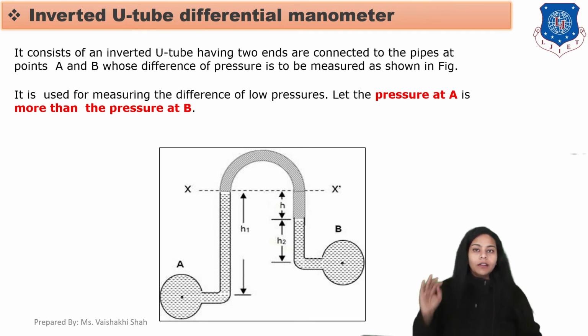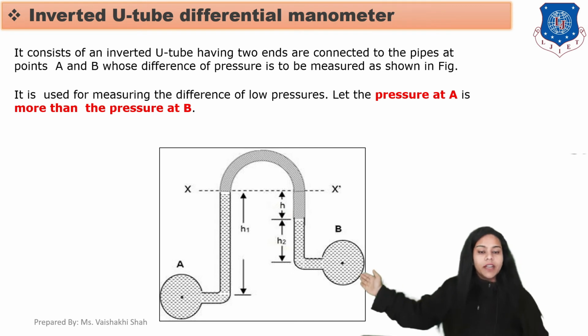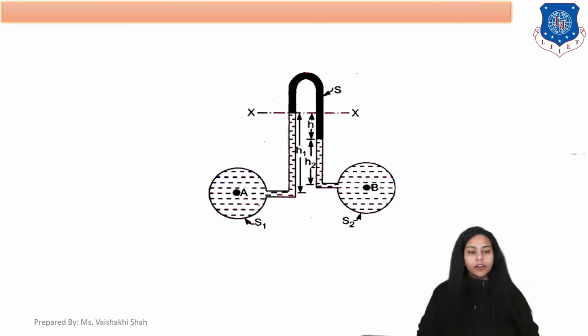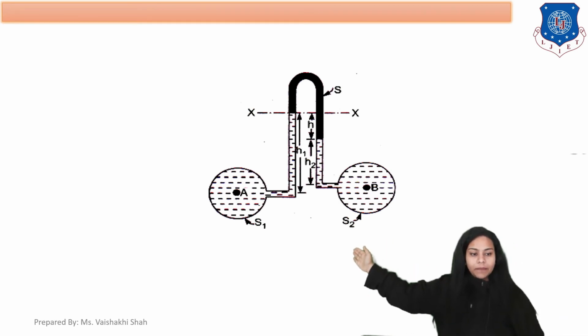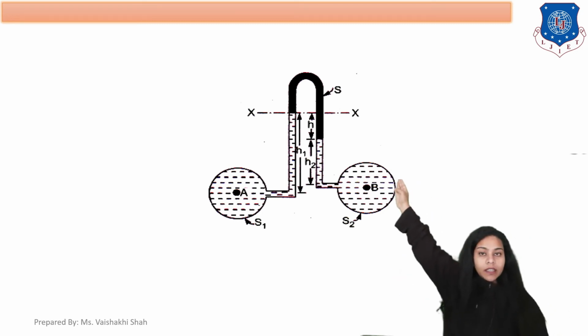Okay. Now let the pressure at point A be more than the pressure at point B. So let's start the derivation. For that, understand this diagram. Here there is pipe A and this is your pipe B. Now here there is a manometric fluid.